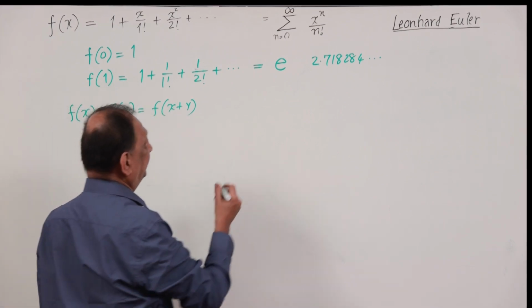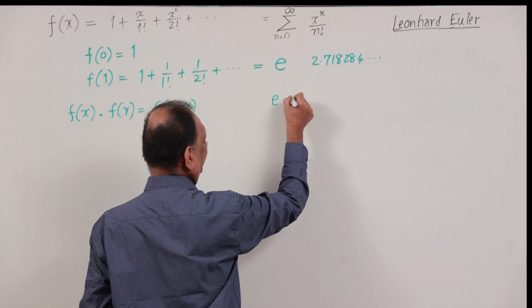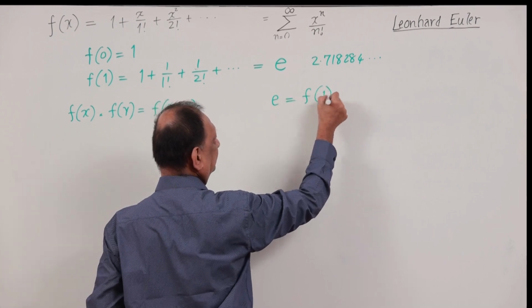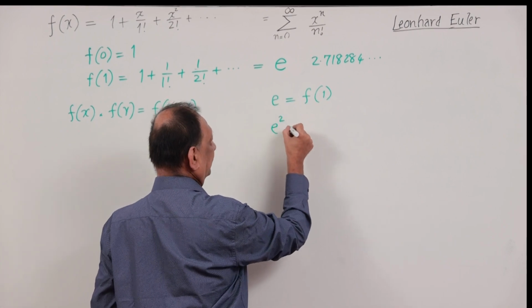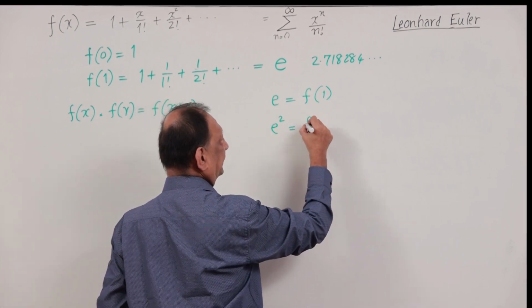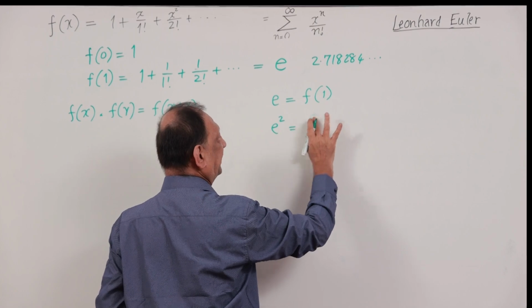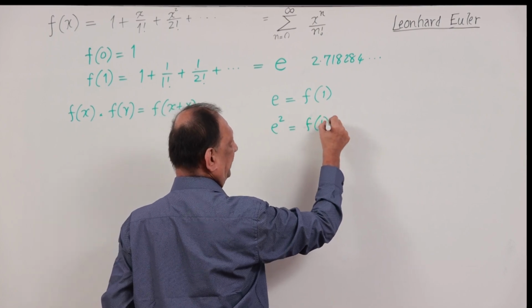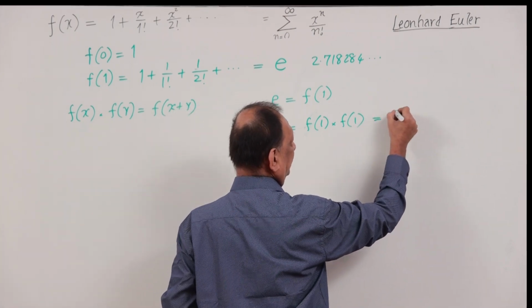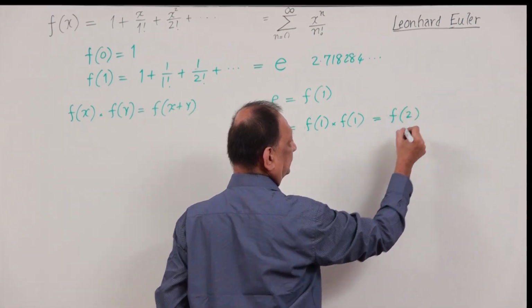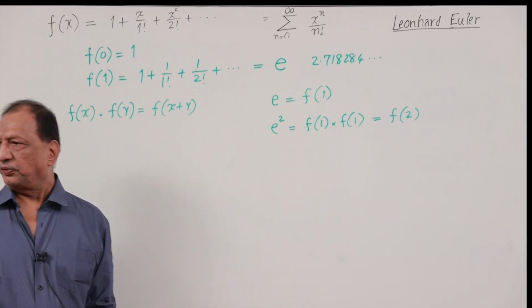So that means we have an E which is actually f(1), correct? F(1). What is E squared? Is E multiplied by E, which is f(1) multiplied by f(1), which is f(2). E squared is f(2).